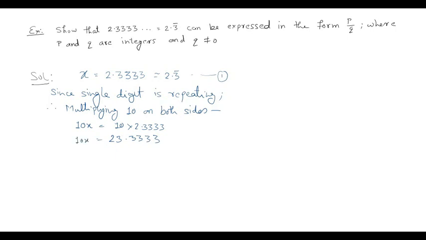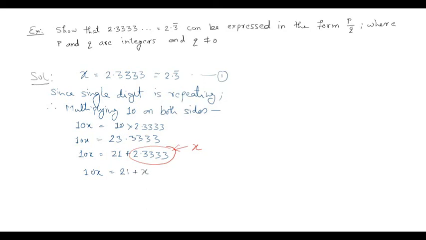We can also write 10x as 21 plus 2.3333... From equation 1, this value is equal to x, so we substitute it. It becomes 10x is equal to 21 plus x.